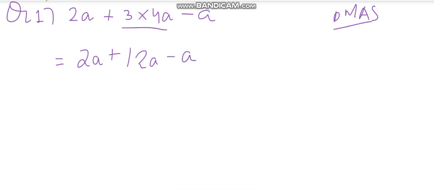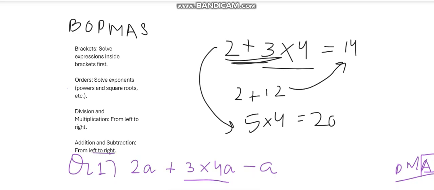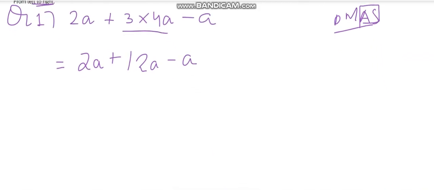Now, all of these are like terms, because we have the same variables, and variables, if you remember, are alphabets in algebra. Because we just have addition and subtraction, we can solve from left to right. We can solve this part first or that part first; it doesn't matter, we will get the same result.